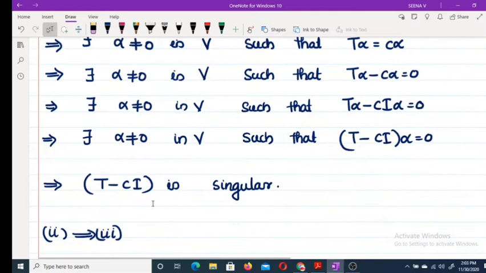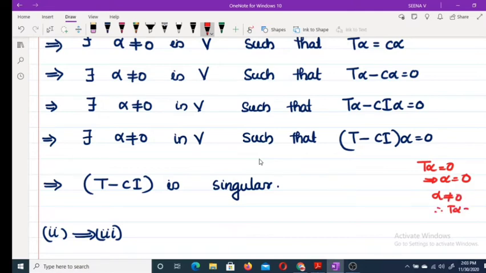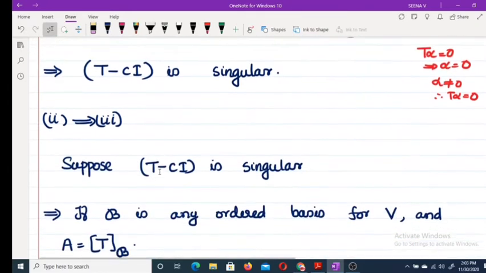This implies T minus CI is singular, because if a linear operator T is non-singular then T alpha equals 0 implies alpha equals 0. If there exists an alpha not equal to 0 such that T alpha equals 0, then T is not non-singular. That means T is singular. This condition holds here. There exists an alpha not equal to 0 such that (T minus CI) alpha equals 0. That means T minus CI is singular.